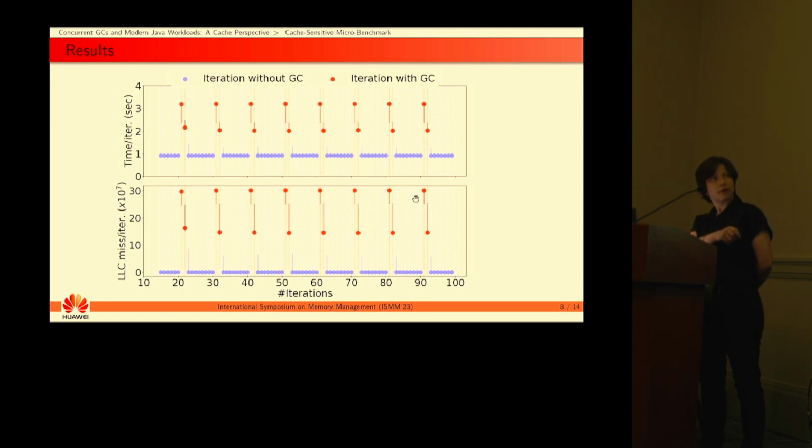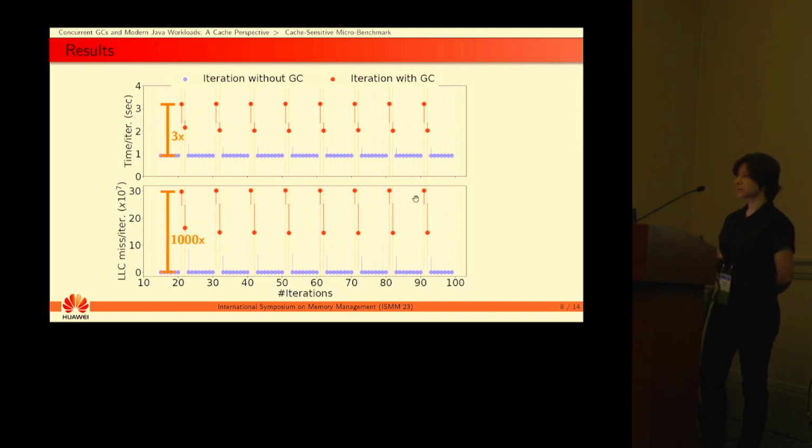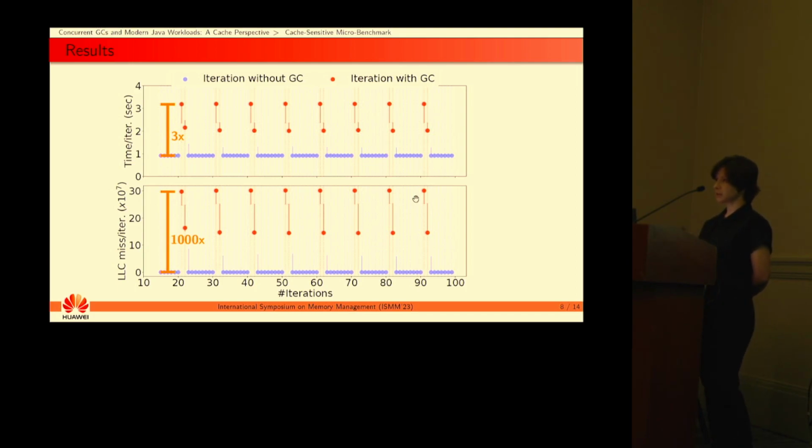It's pretty obvious that the GC always has an impact on both the execution time and the LLC misses. And it's not just any impact: it's 3x in execution time and up to 3 orders of magnitude in LLC misses, every single time.